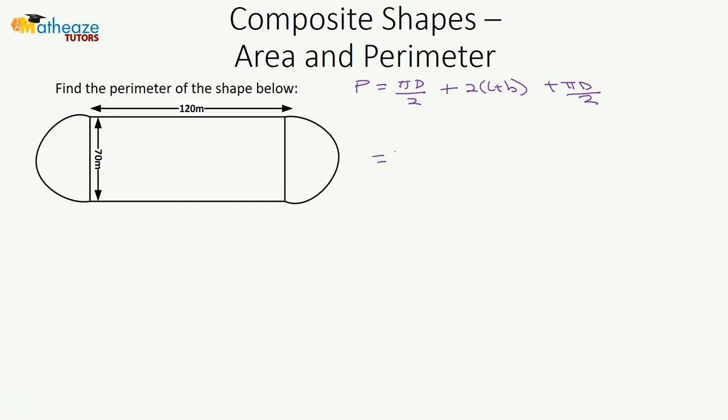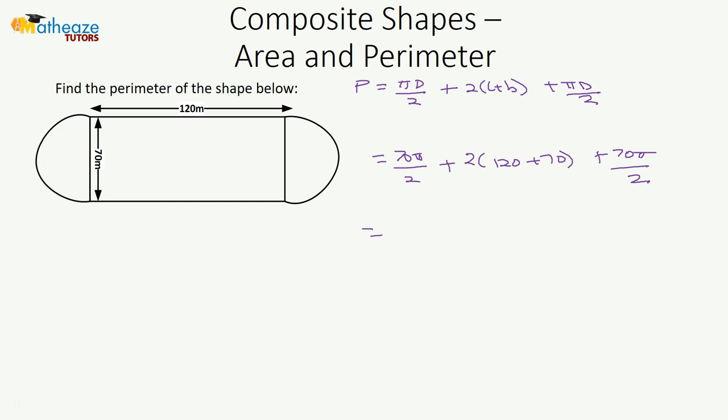So this is going to give us 70 pi divided by 2 plus 2 multiplied by 120 plus 70 plus 70 pi divided by 2.